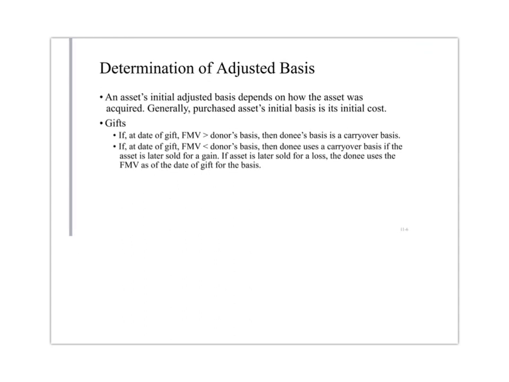If, as of the date of gift, the fair market value of whatever you were given is greater than the donor's basis, then the donee's basis is carryover basis. And if at the date of gift, fair market value of the asset is less than the donor's basis, then you have to look at when this asset was sold. I think the best way to look at this is to do an example. So let's do an example.